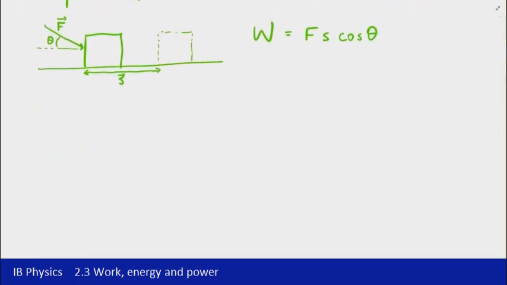Two other things that are important to note here. Some special cases where no work is done. The first one, if we have theta being equal to 90 degrees, that's basically like a normal force, for example.